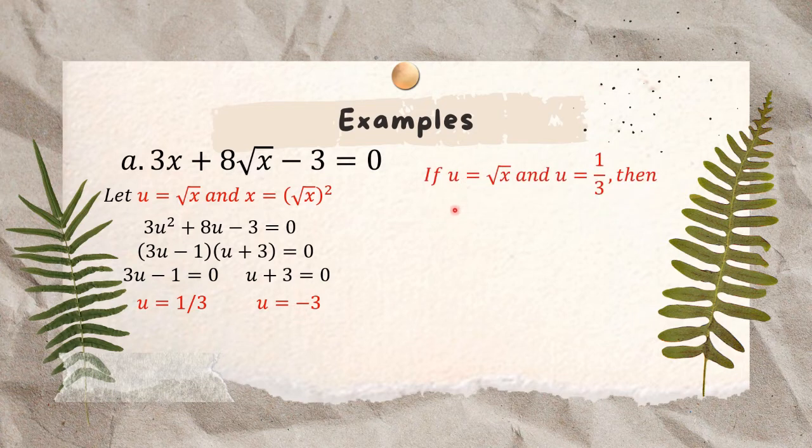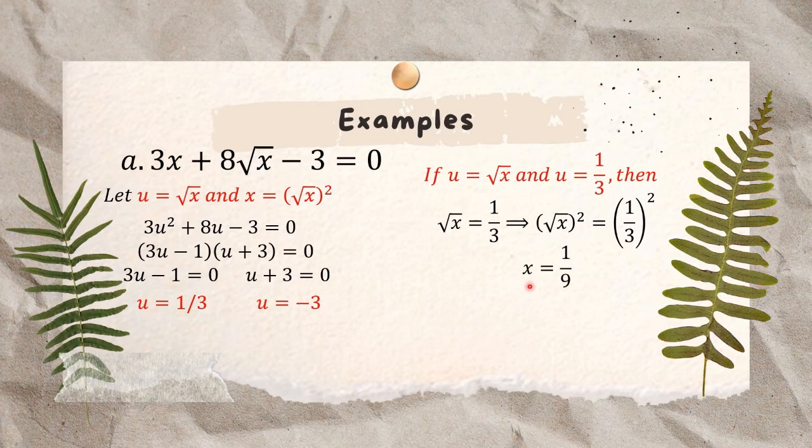And then, since we already found the value of u, let's solve for the values of x since u is equal to square root of x. If u is equal to 1/3, then we have square root of x is equal to 1/3. Then we're going to square both sides po to eliminate the radicals here. Since it is a square root po, we squared both sides.